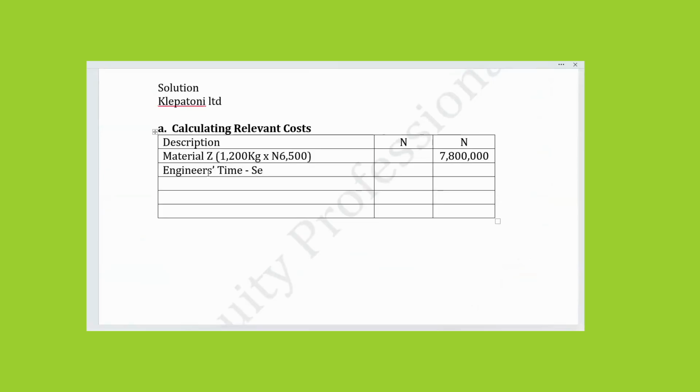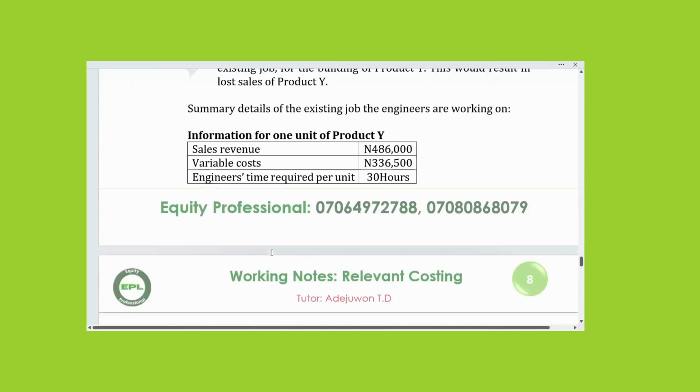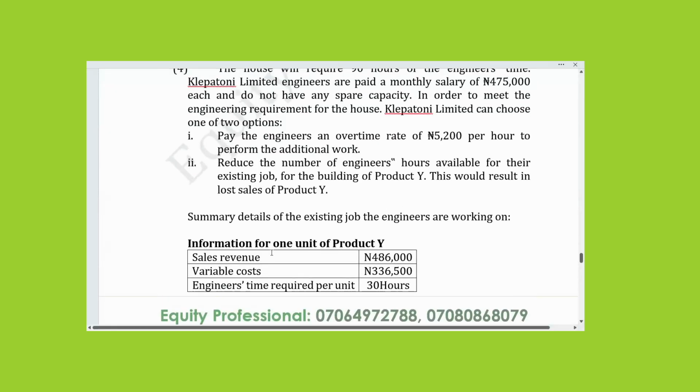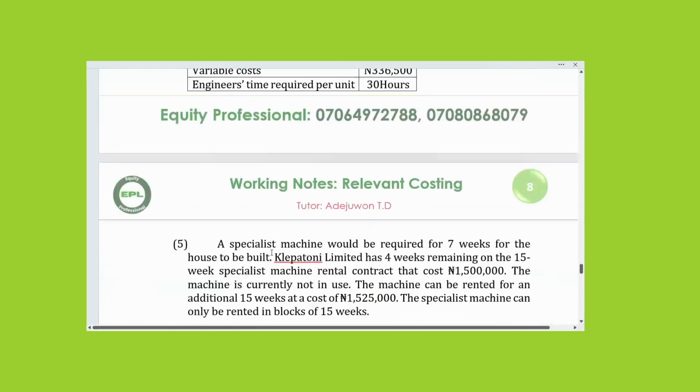Select, or just say the lower of. Remember, there's an option here. The first option is to pay overtime of 5,200 naira per hour, and they are going to work for 90 hours. Therefore, I will then come here.